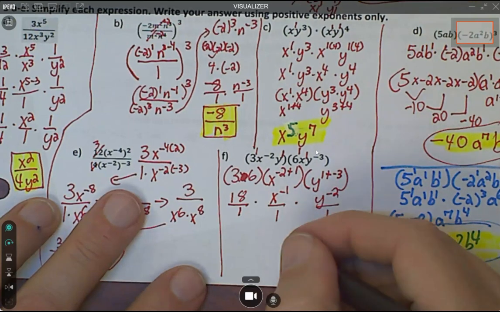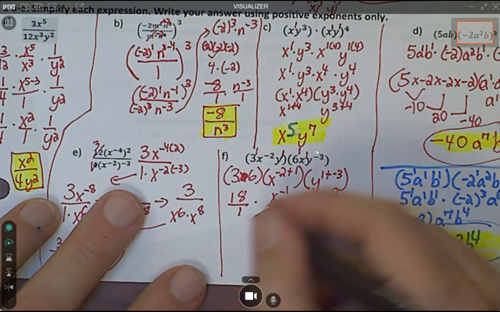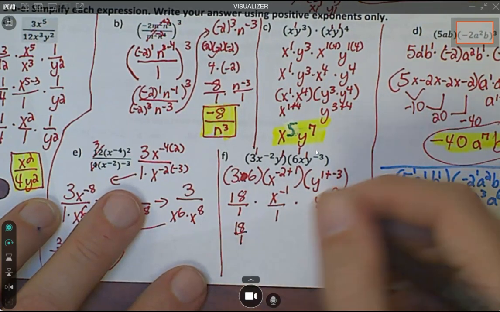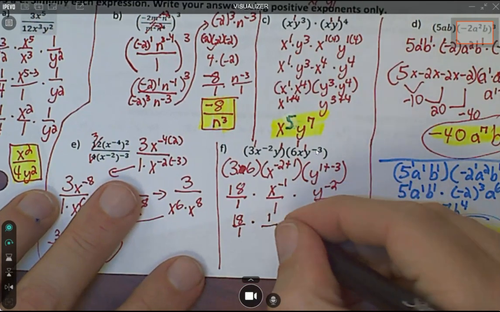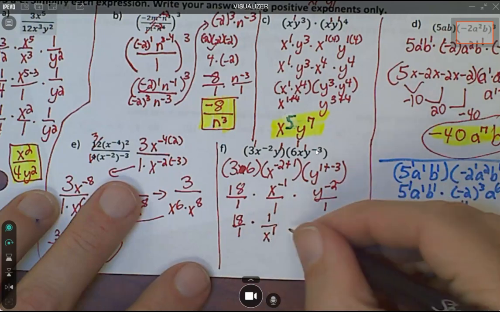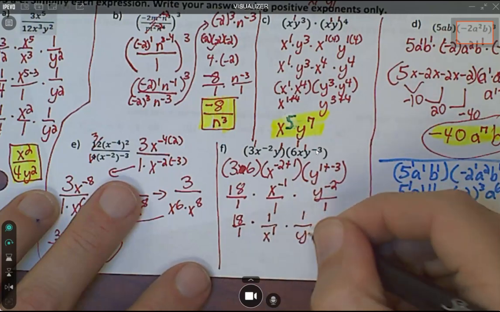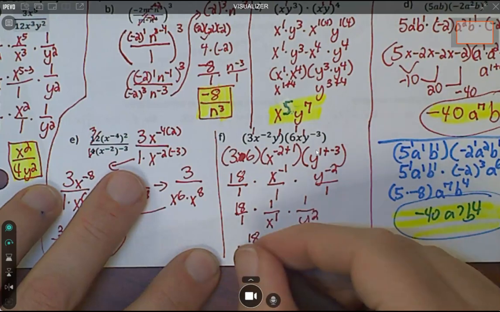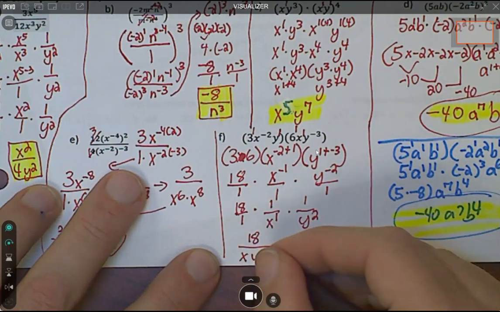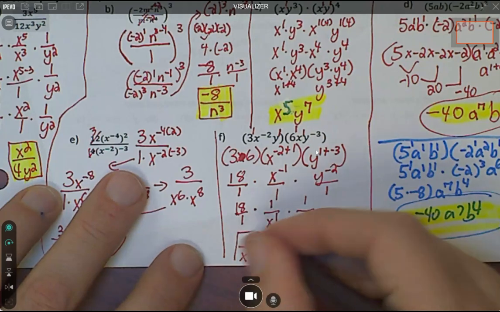Okay, 18 stays up top. x to the negative 1 moves to the bottom, and y to the negative 2 moves to the bottom. So final answer, 18 over x y squared.